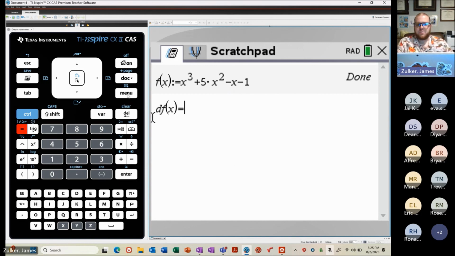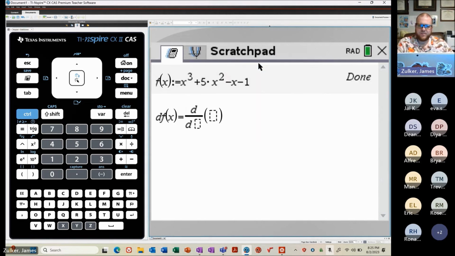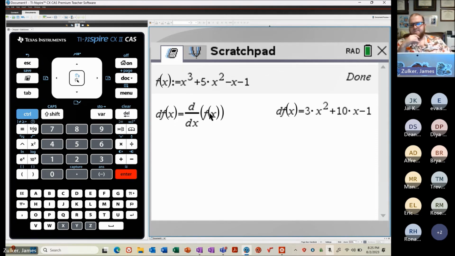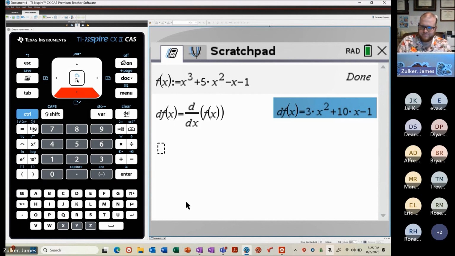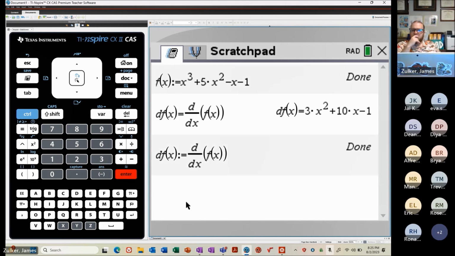So what I can do is go up to menu, calculus, derivative. It needed to be a colon equals. There we go.